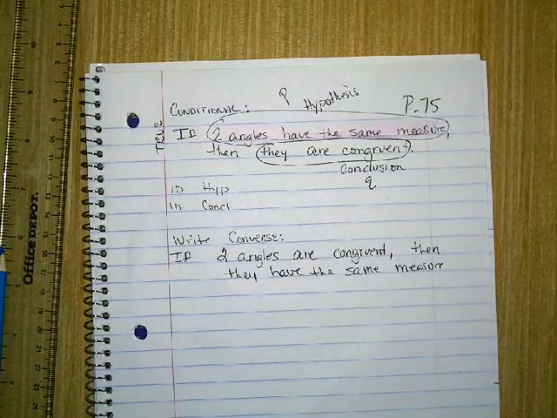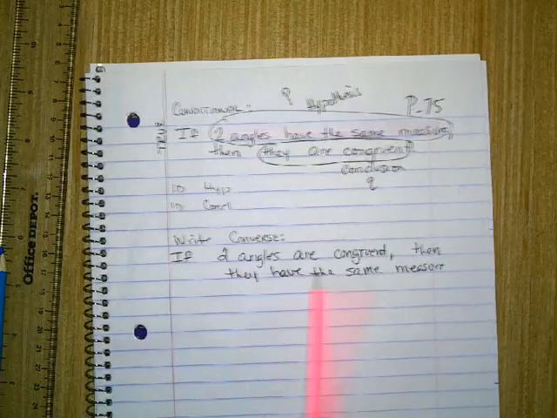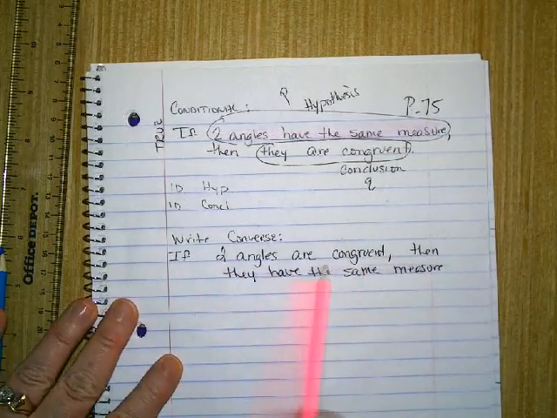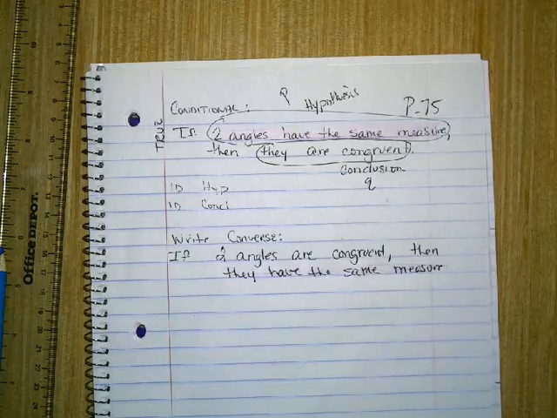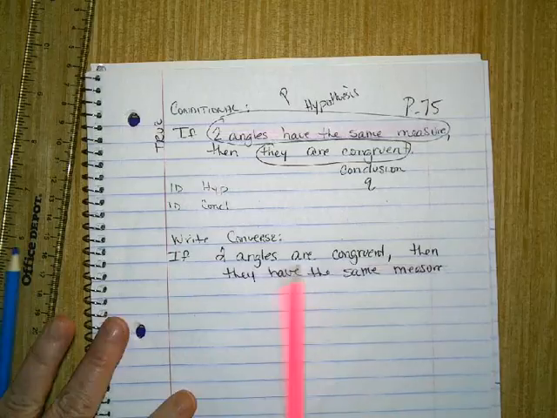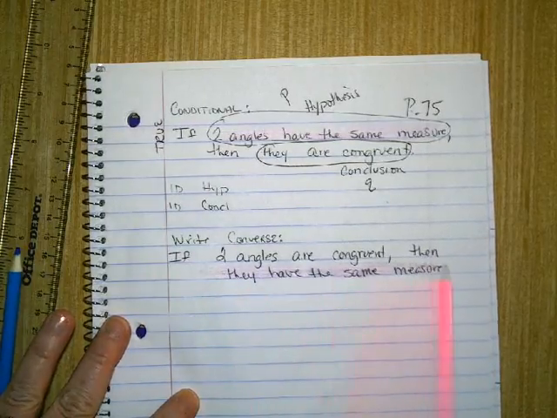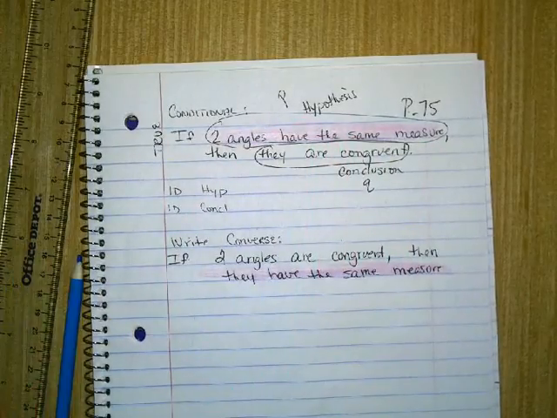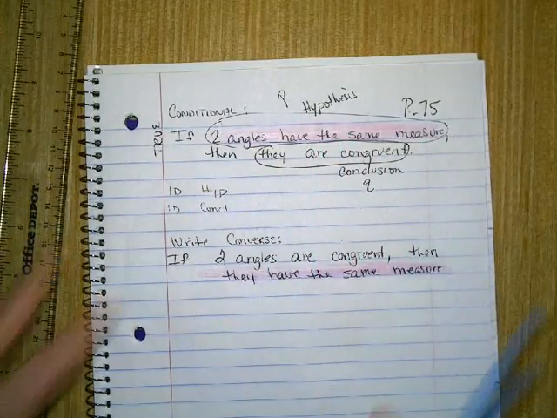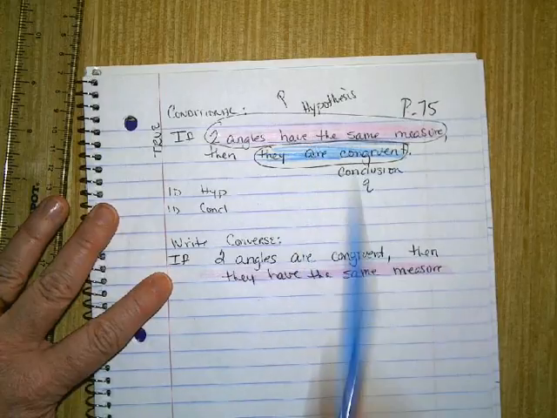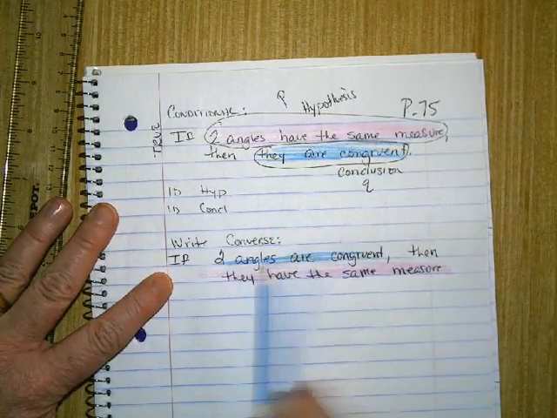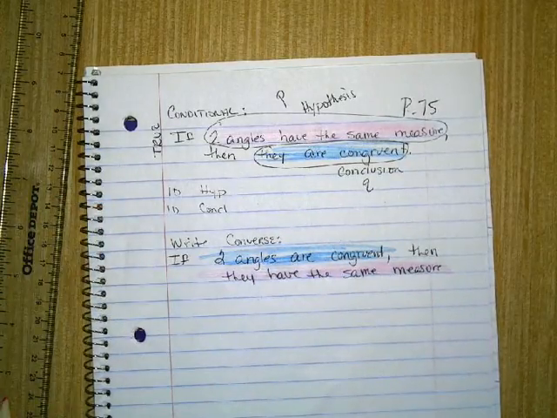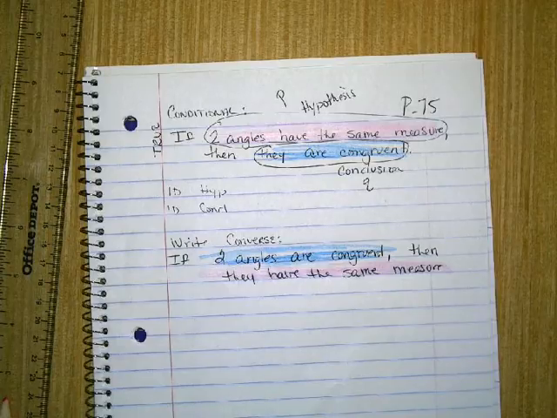Where does it end up in the bottom? Here. Okay, the hypothesis comes second. Can you see it? I can't really see it, can you? Where's the conclusion here? It says they are congruent. They are congruent. So they're switched. You switch the hypothesis and the conclusion.